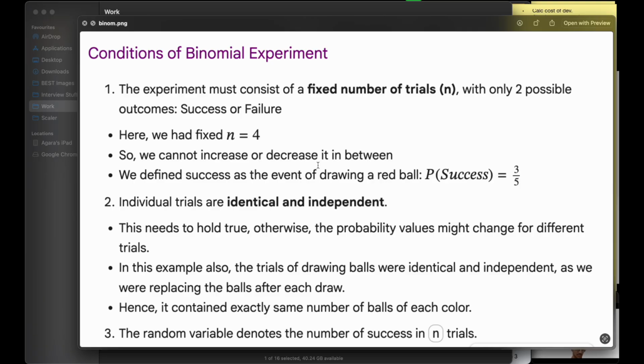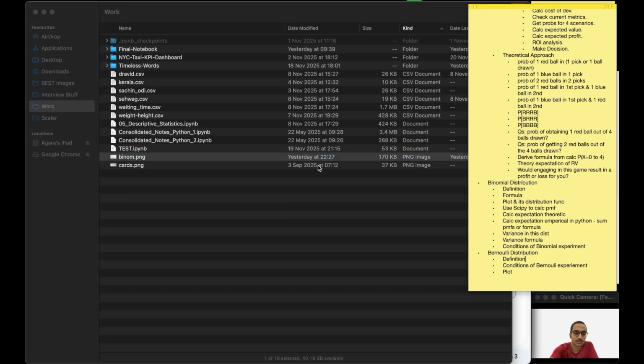In this example, trials of drawing balls were identical and independent as we were replacing the balls after each draw. Hence it contained exactly the same number of balls of each color. And the third is that the random variable denotes the number of successes in n trials. So these are the 3 conditions for binomial distribution.